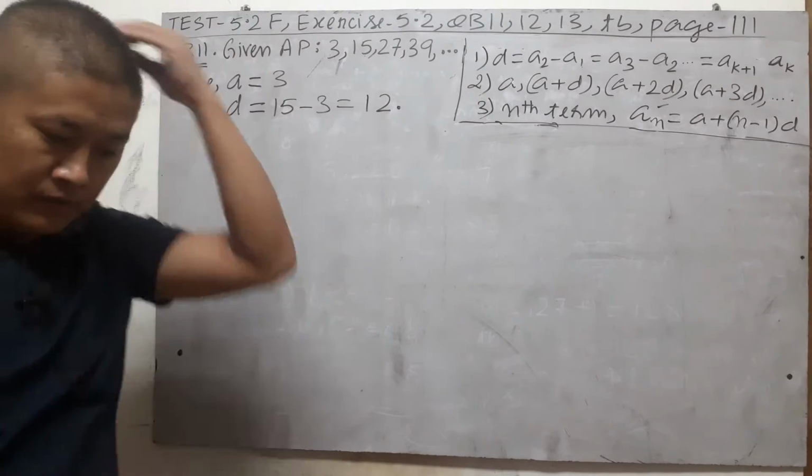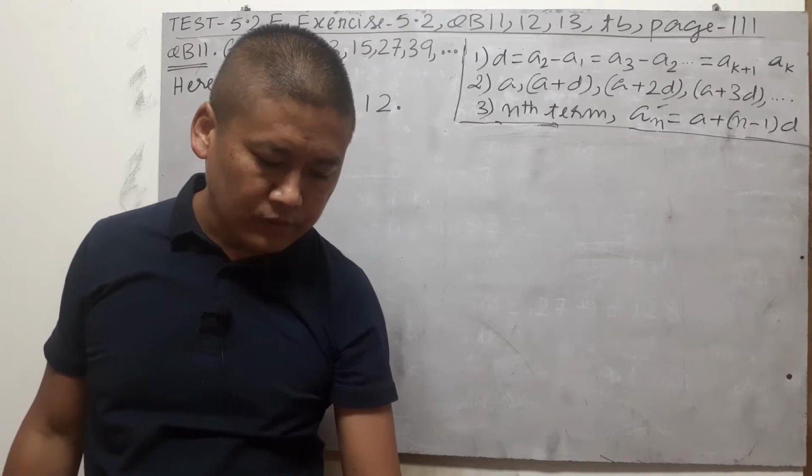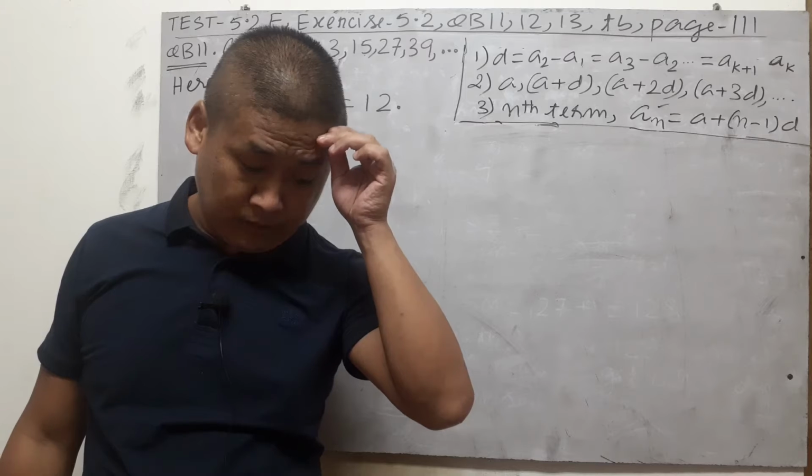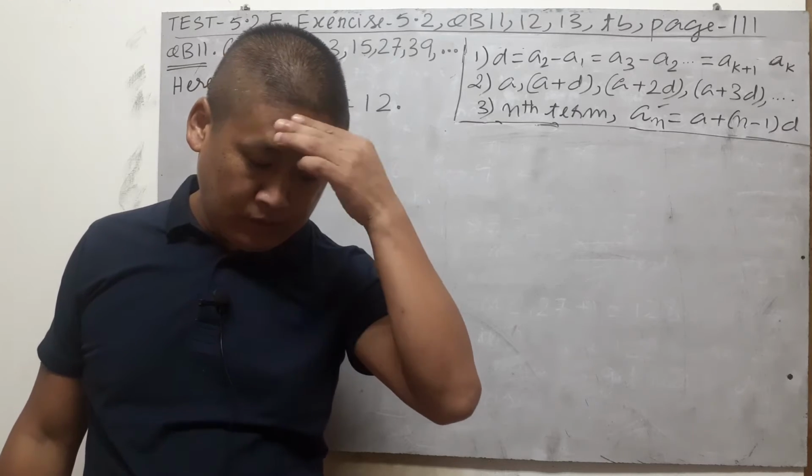So we have to find something, and the question is saying which term of this AP will be 132 more than its 54th term.